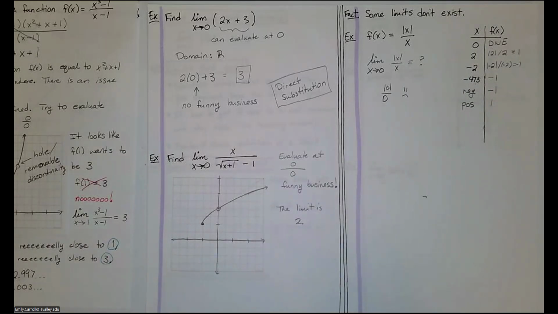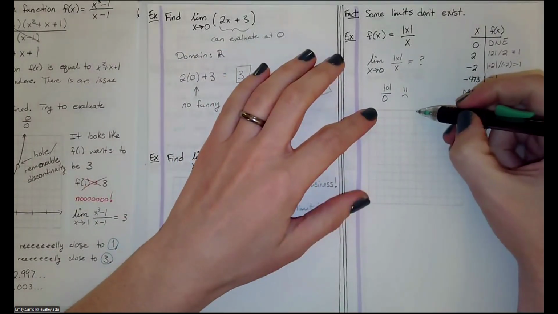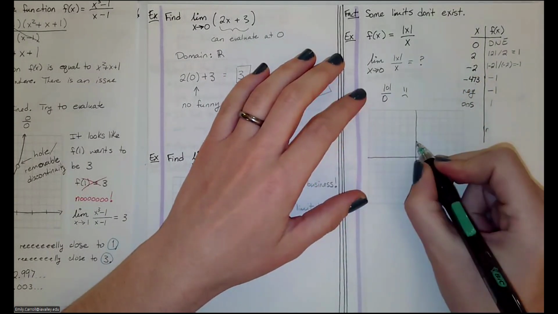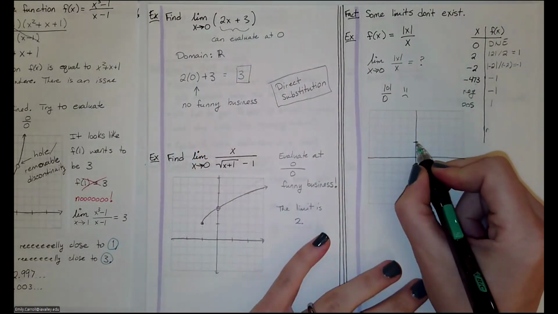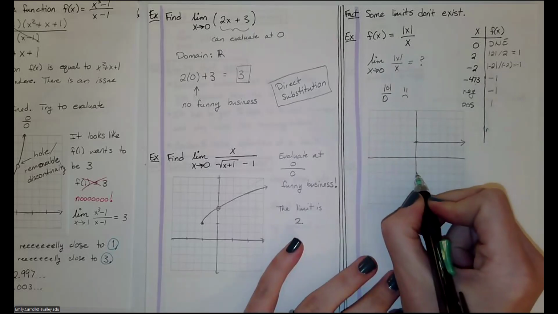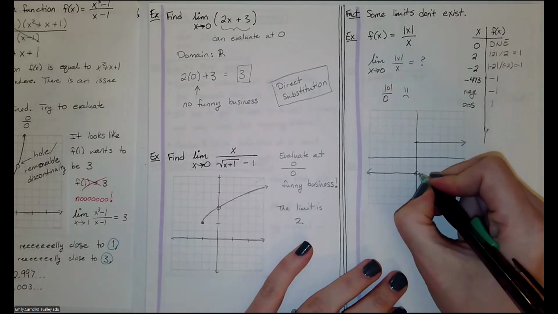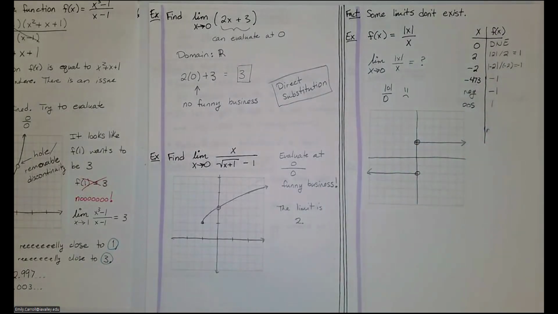If you look at the graph of this function, all of the positive numbers are evaluating to 1. All of the negative numbers are evaluating to negative 1, and 0 doesn't exist. It evaluates to neither.